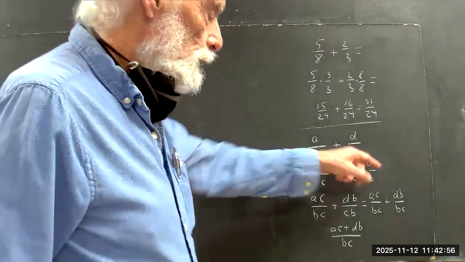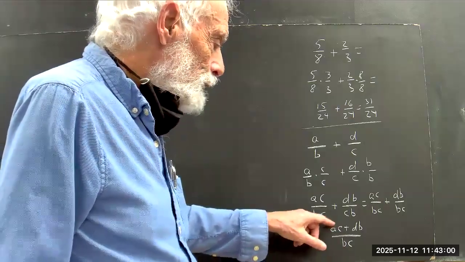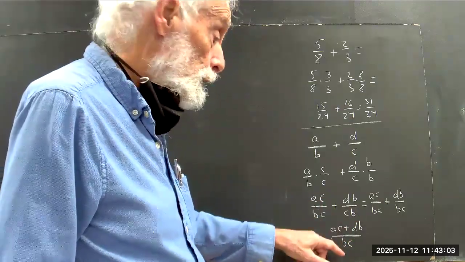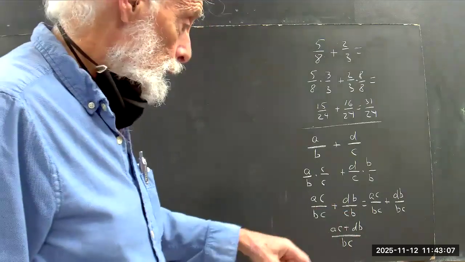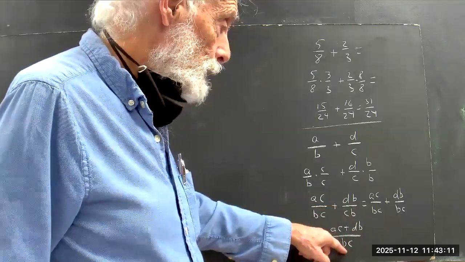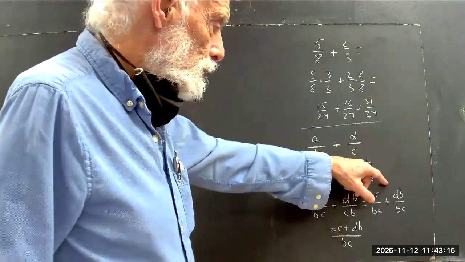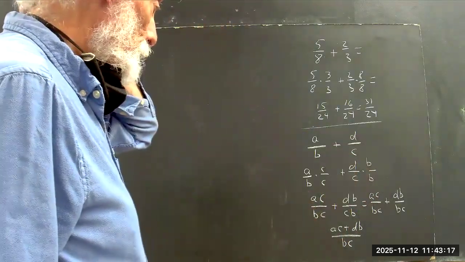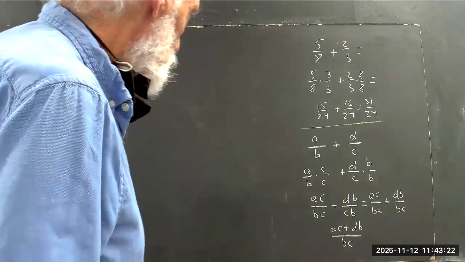And the reason we can add the numerators is simply because AC plus DB in the numerator is divided by BC. By the distributive law, then, AC is divided by BC and DB is divided by BC, which is exactly what the previous step tells us. So this is just a distributive law application. But there it is, and everybody's good with that.